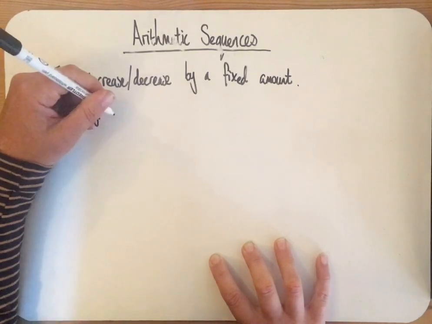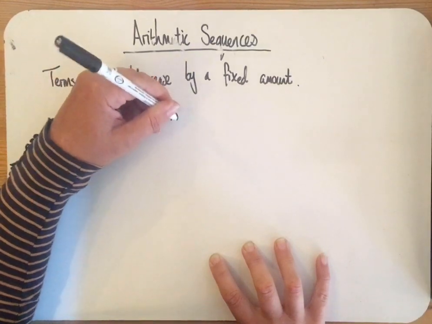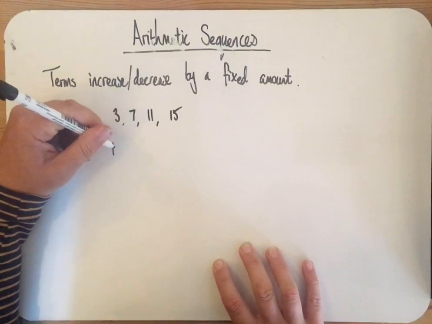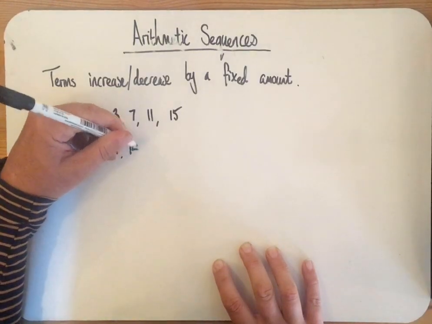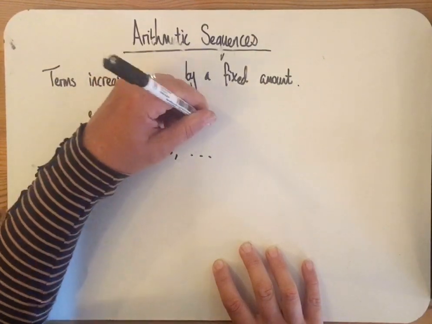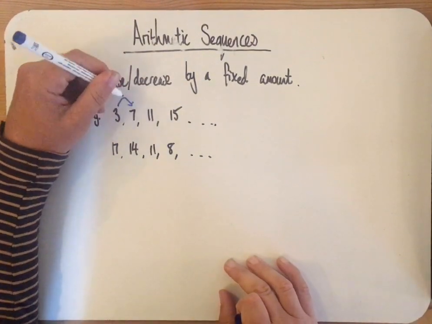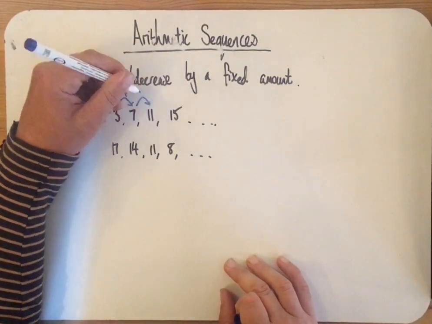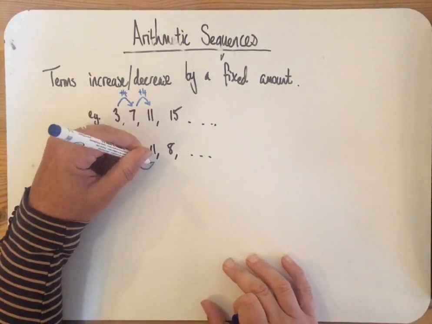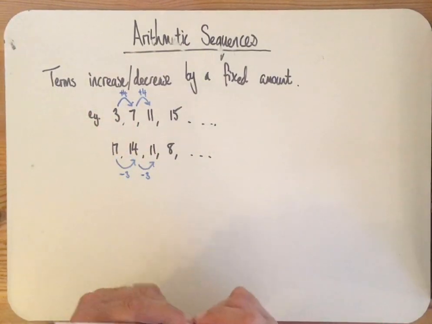So, for instance, 3, 7, 11, 15 would be an arithmetic sequence. 17, 14, 11, 8 would be. So obviously that one we got plus 4, plus 4, and here we've got minus 3, minus 3, etc.